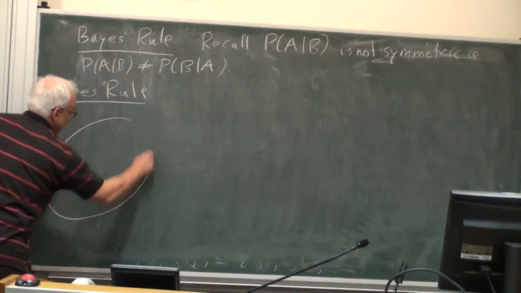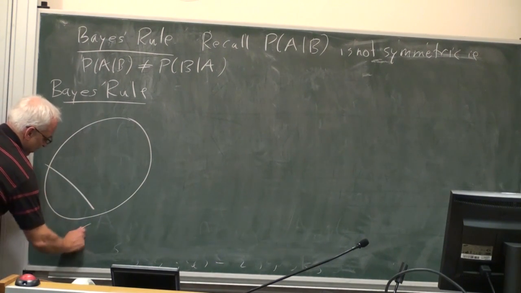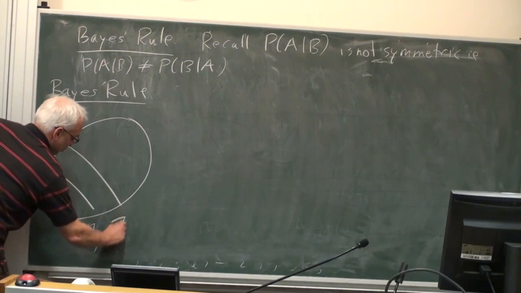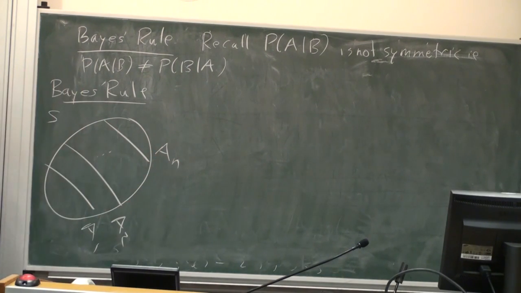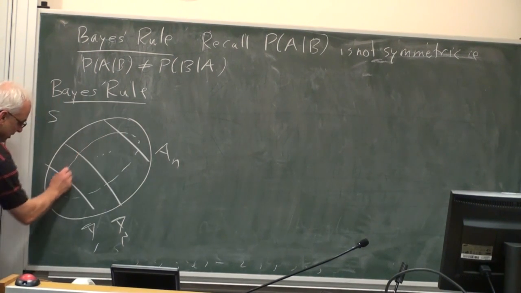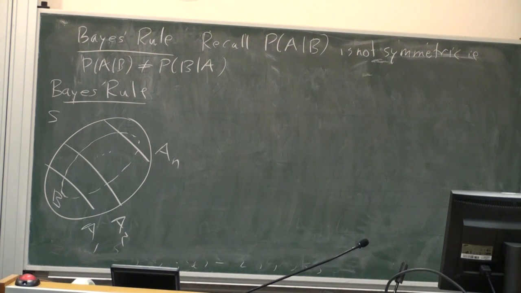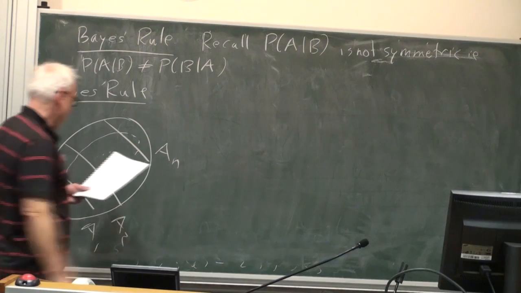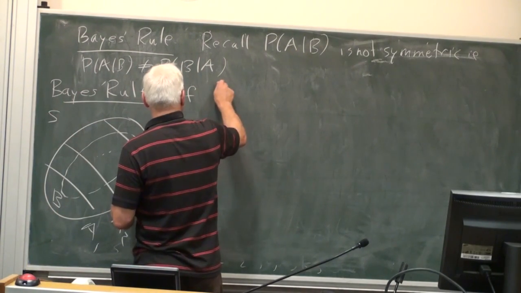We have the same diagram that we did previously. We have a partition A1, A2, up to AN. We have some subset B. We know the probability rule that we've just written down, but now we're going to write down another rule. So the setup is the same as before.